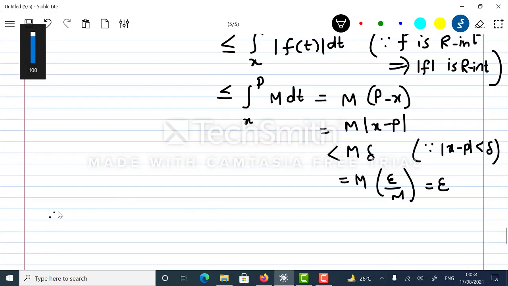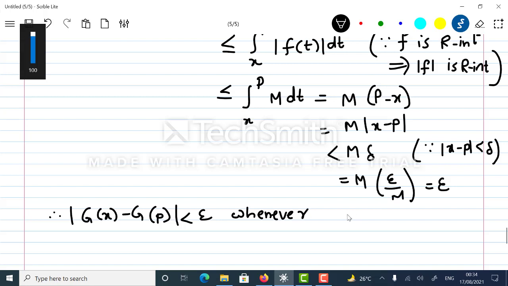Therefore we got mod g of x minus g of p less than epsilon whenever mod x minus p is less than delta. So in this case, it shows that g is continuous at p.